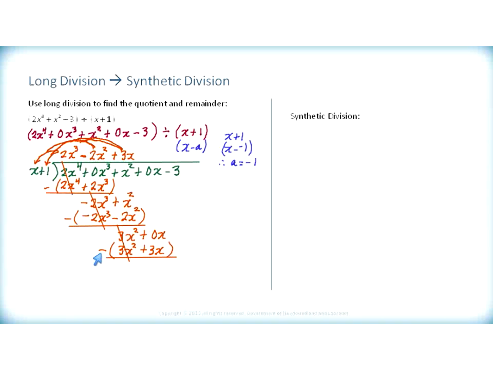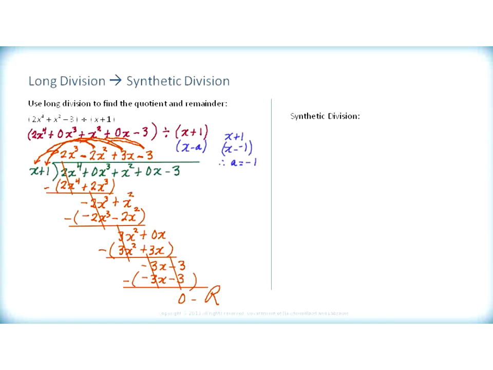We have 0x minus 3x is a negative 3x, and bring down the minus 3. X multiplied by what equals a negative 3x? That would be a negative 3. Multiply that by both terms in the divisor again, and you get negative 3x minus 3. When we subtract that, a negative 3x minus a negative 3x is 0, and a minus 3 minus a minus 3 is again 0. So in this case, we have 0 as our remainder.